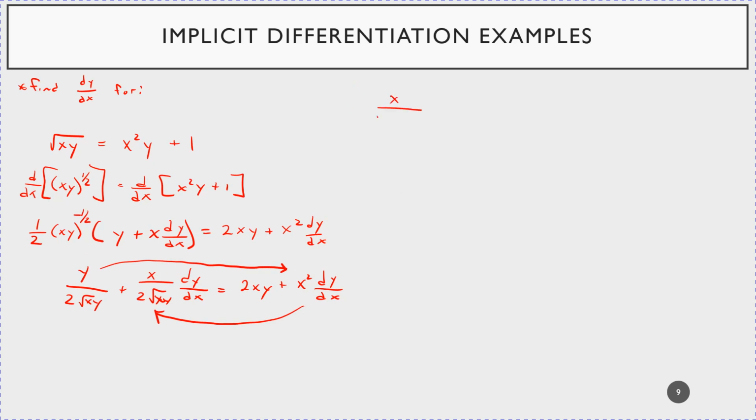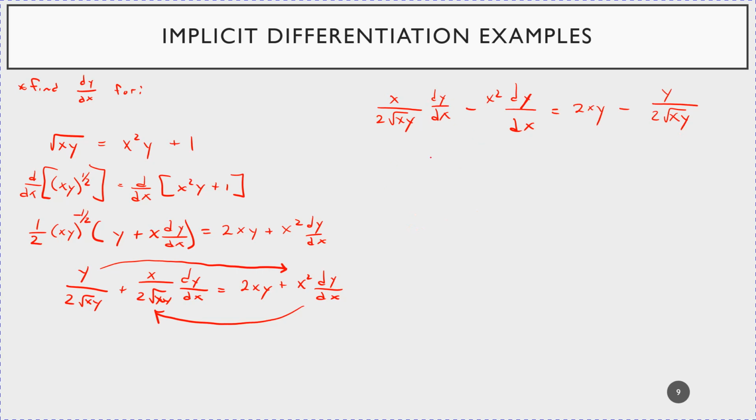So I have x over 2 square roots of xy dy/dx minus x squared dy/dx is equal to, now I have this, 2xy minus this, so minus y over 2 square roots of xy. I know, a lot going on here.